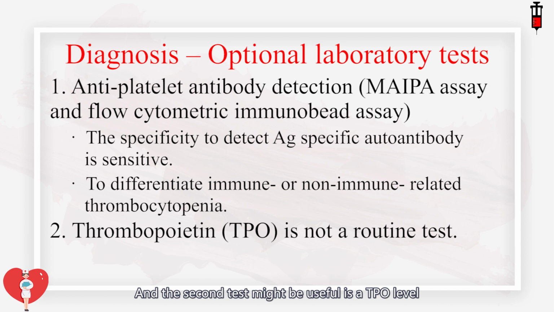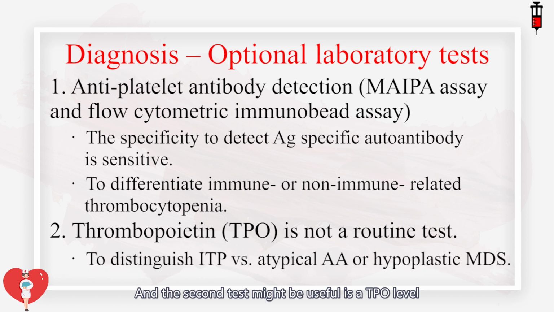The second test that might be useful is the TPO level. A TPO level in the serum of the patient may also be very useful when you cannot diagnose a patient.